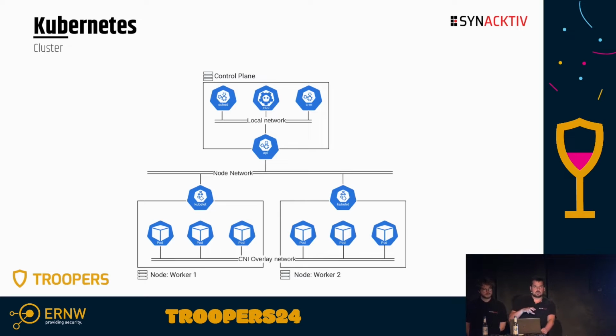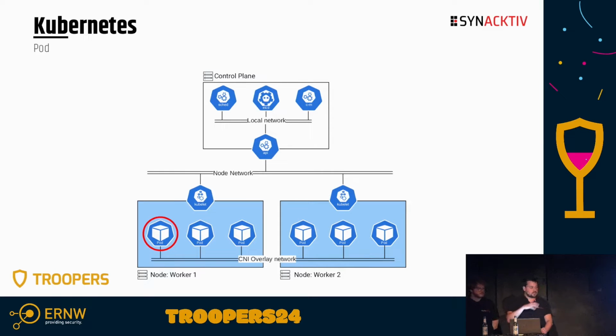Each node runs a container runtime like Docker, for instance. And a node also runs pods. A pod is the smallest unit in a Kubernetes environment. If we look inside the pod, there are one or multiple containers, and it's inside these containers that your application is running.